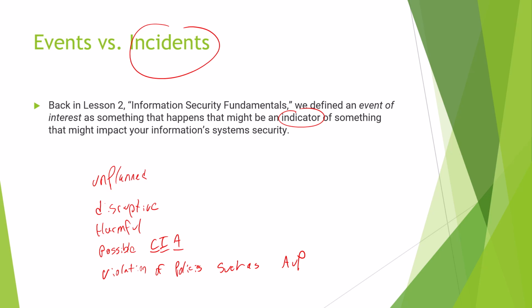So, unplanned could be a shutdown of an email server. Actually, I take that back. This is a planned part from the attacker's perspective.